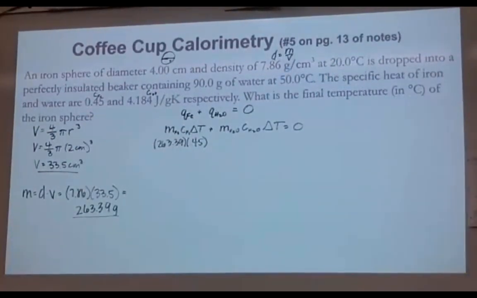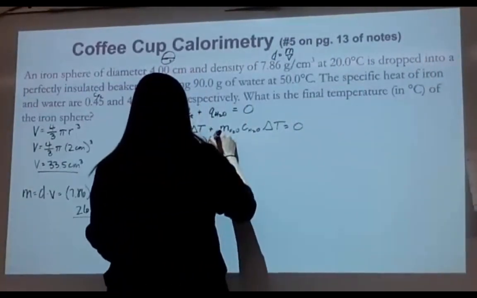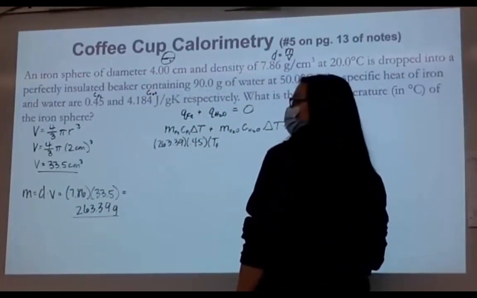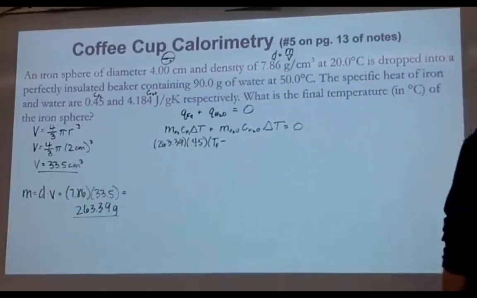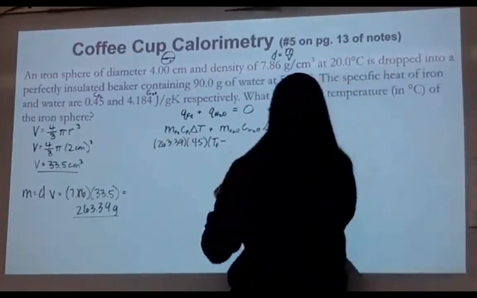Just in general, how do we calculate delta T? Delta T is what minus what? Final minus initial. I don't know final, so I'm going to label it T final. What was the initial temperature of the iron? 20 degrees Celsius.